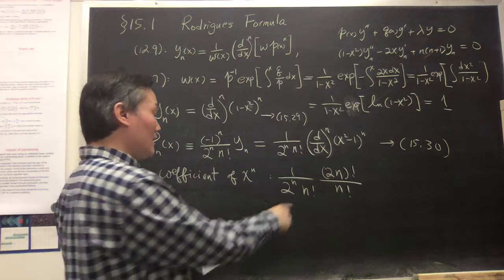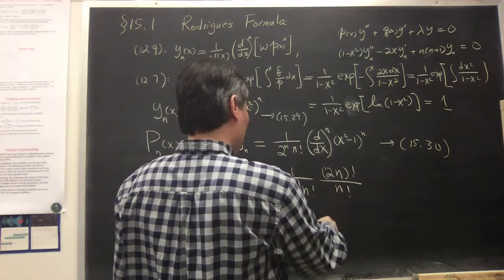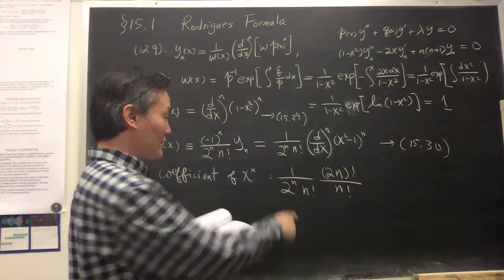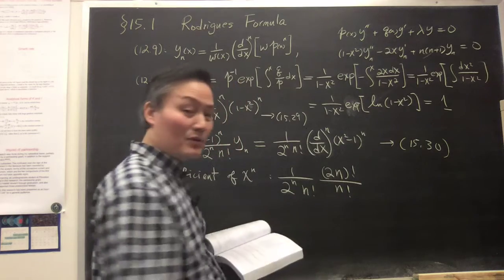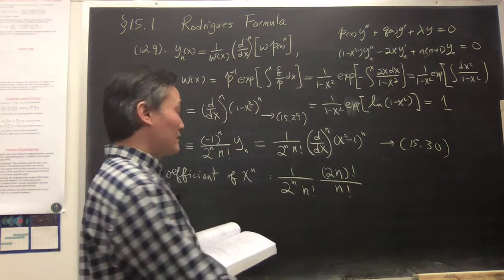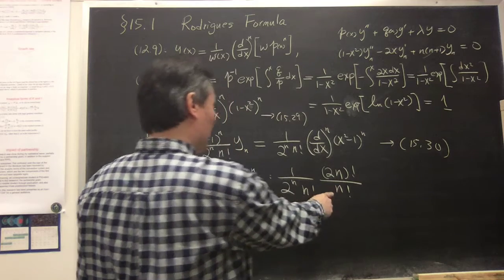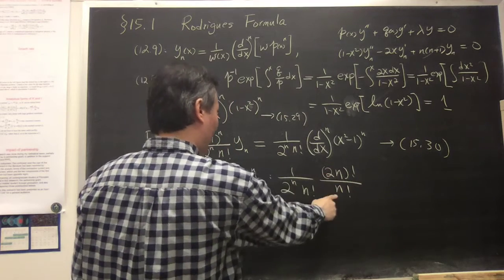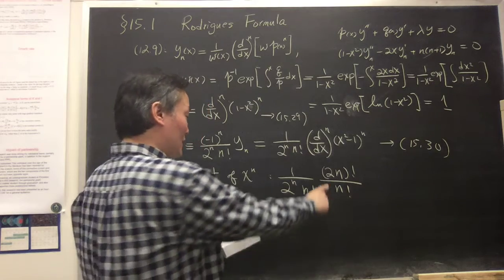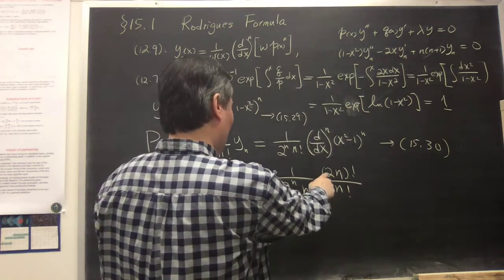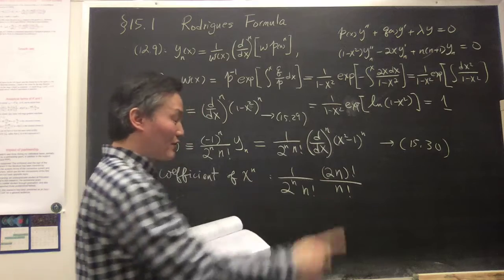Okay, and then you can leave it like that, but you can also use the double factorial notation, because you have 2n factorial divided by n factorial, so you get all this 2 to the power n. Each one you divide, you get a factor of 2.